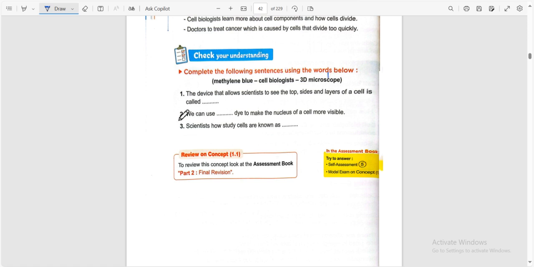Next, which dye can we use to make the nucleus of the cell more visible? Of course, we use methylene blue. Finally, which scientists study cells? We call them the cell biologists.